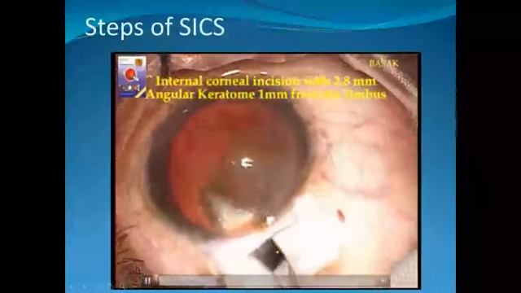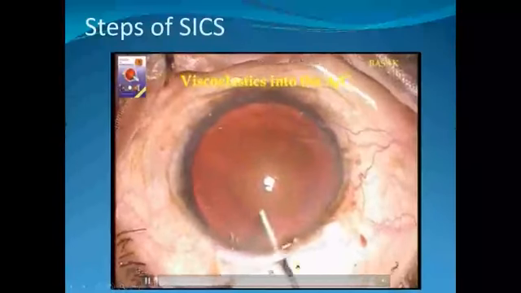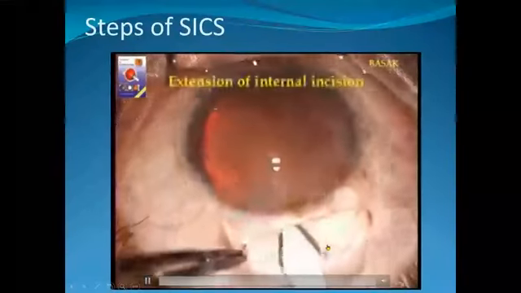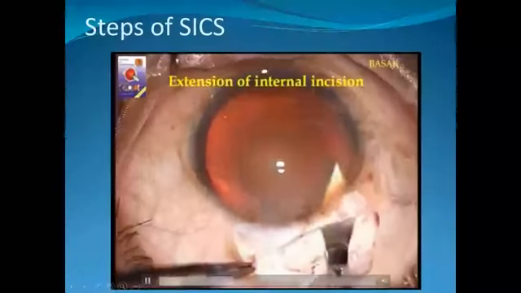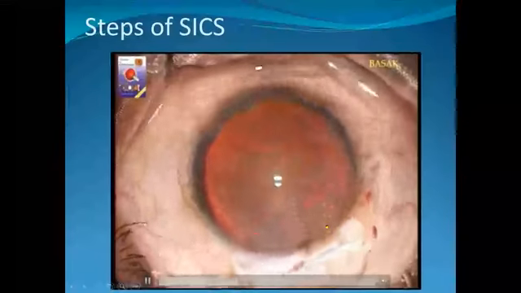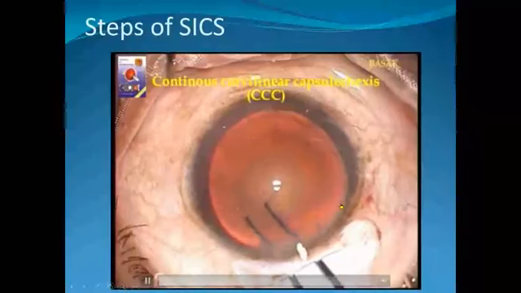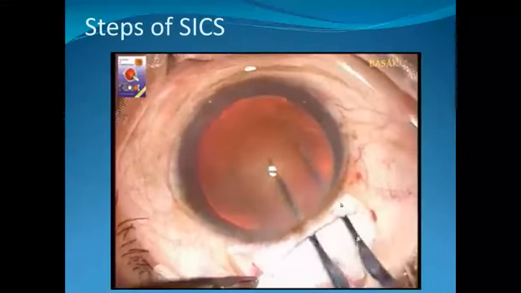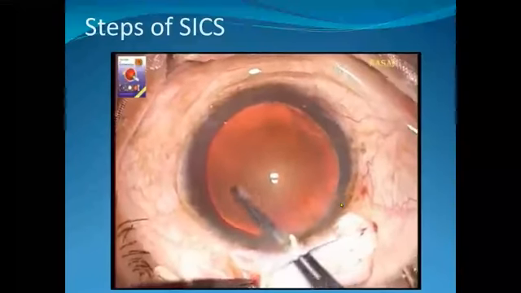Another instrument, this is a keratome, and we enter the anterior chamber. This is a viscous substance. Again the keratome enters the anterior chamber properly, and with the instrument we do capsulorhexis, just removing the anterior central portion of the capsule.